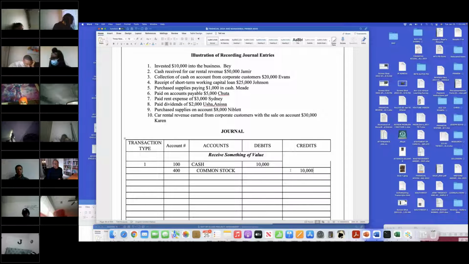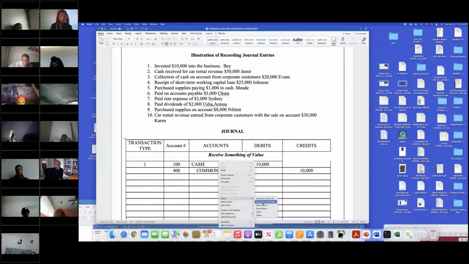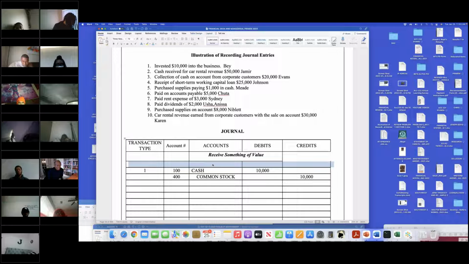Let's go on to transaction 2. Cash received for car rental revenue.